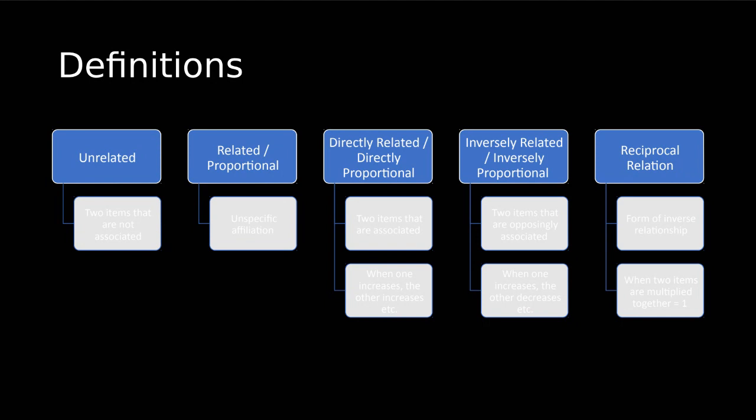Now we can further define what that relation, or that proportionality, is between those two items when we talk about directly related or inversely related. If you have two items that are directly related, that means when one changes, the same exact change is going to happen to the other item.